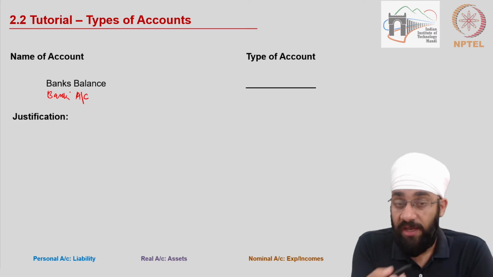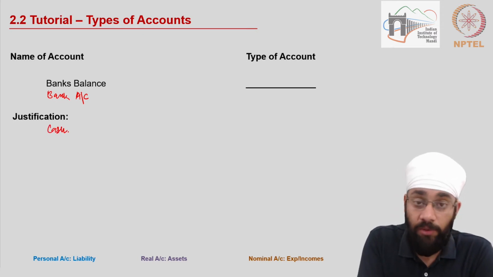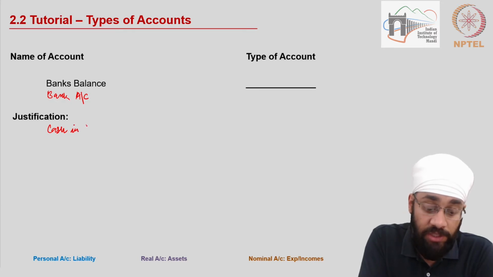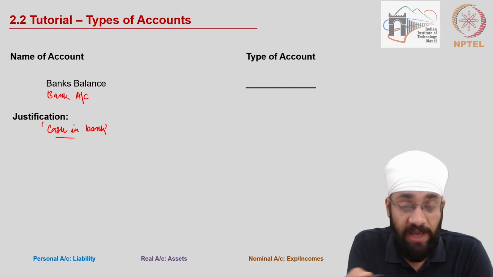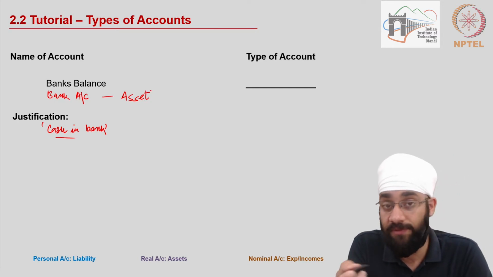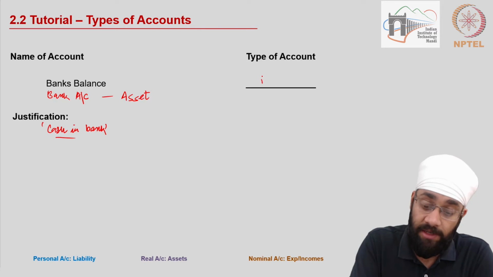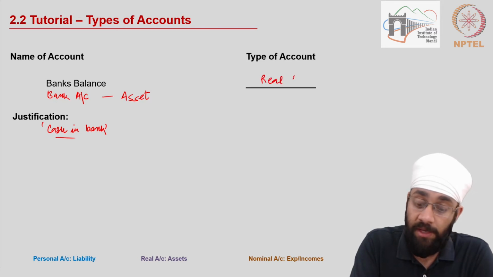Bank account, just like cash account is cash. So cash account is cash in hand. This is cash in the bank account, so similar to the cash in hand. So again, this is an asset. This is a current asset as well, as we discussed earlier, and all assets are real accounts. So I'm going to say a real account.